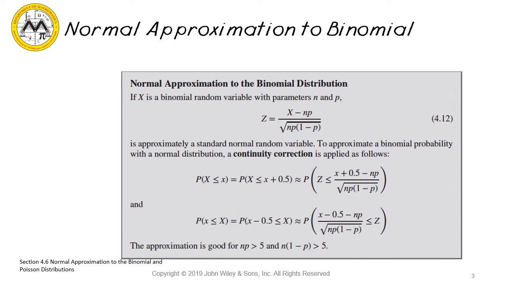To approximate a binomial probability with a normal distribution, a continuity correction is applied as follows. If we want the probability of X less than or equal to x, it would be equal to the probability of X less than or equal to x plus 0.5, or approximately equal to the probability of Z less than or equal to (x plus 0.5 minus np) over the square root of np times (1 minus p).